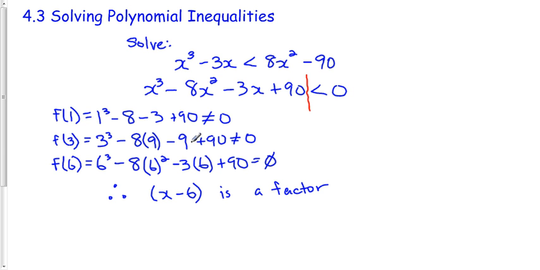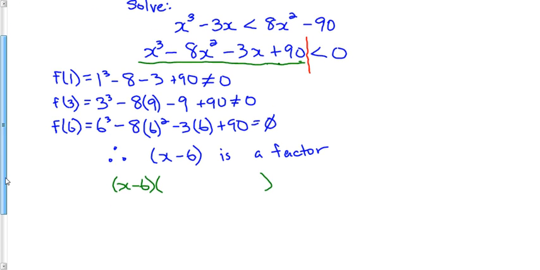So that means this whole part here is equal to x minus 6 times something else. We need to figure out what that something else is. x minus 6 times what will give me this original? That's where our synthetic division now comes in handy.